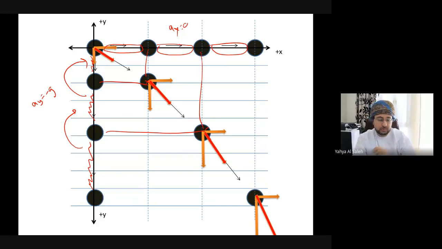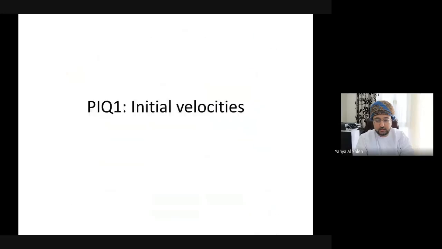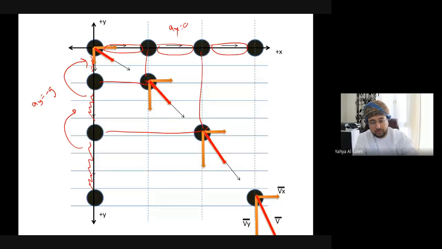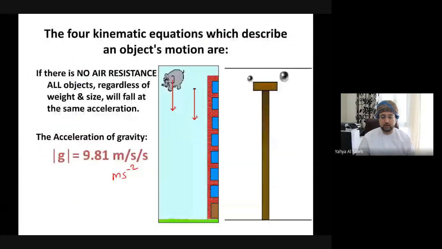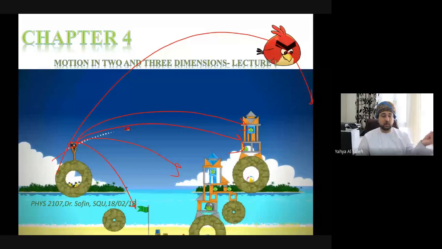Now, if I join these red lines together, what do I get? If I join these lines together, I get a curve. This is what I get. I get a curve. Which is why here you ended up going eventually downwards, which is why whenever you throw something, it goes like this.